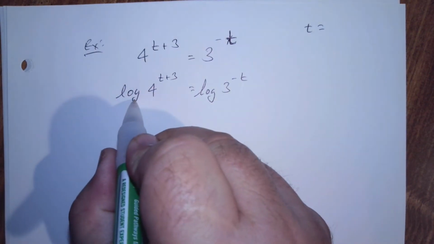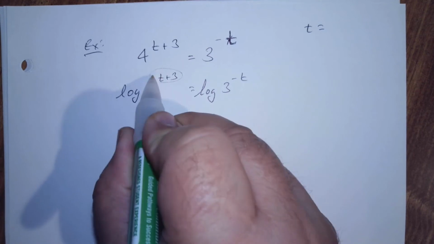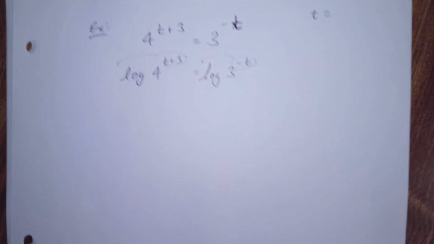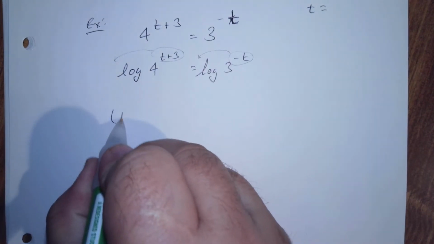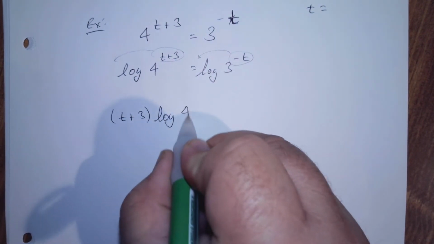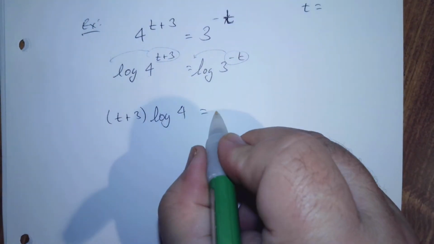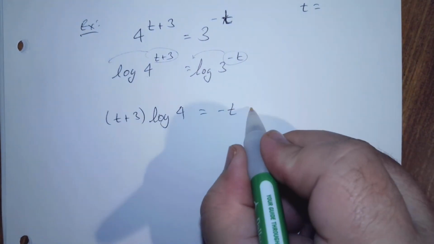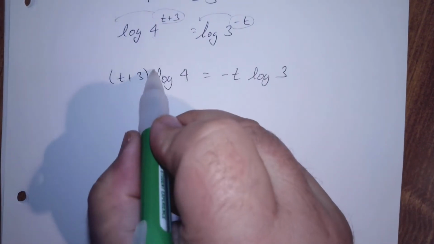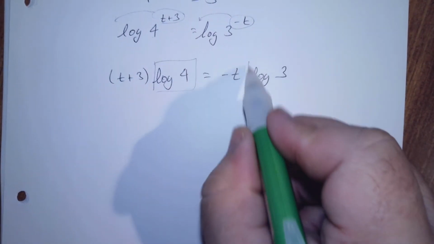Now, whenever you have a log, you can't leave exponents inside, so those exponents come out in front. So we have t plus 3 times log base 10 of 4 equals negative t times log base 10 of 3. Remember, these are just solid numbers.